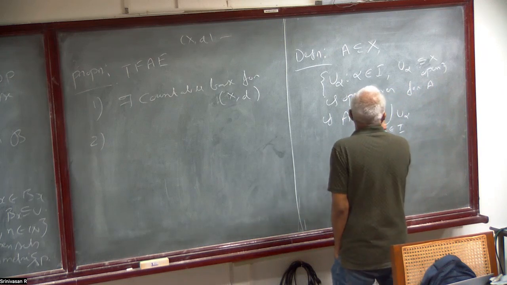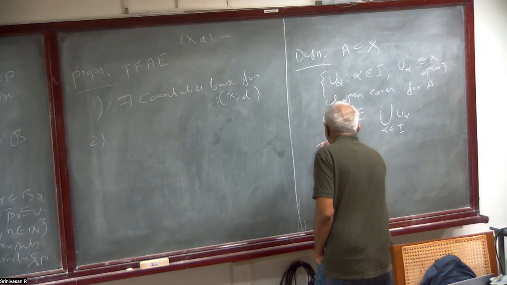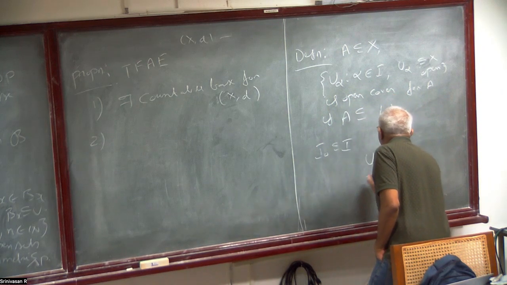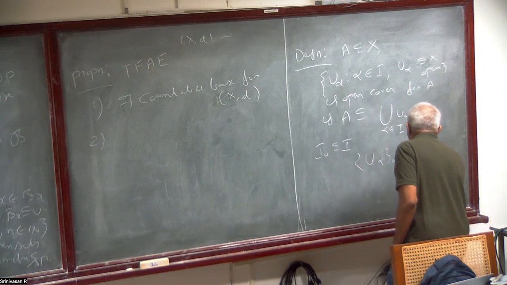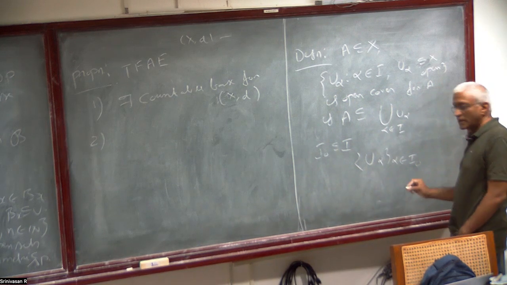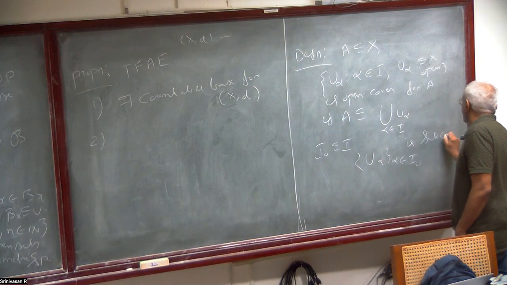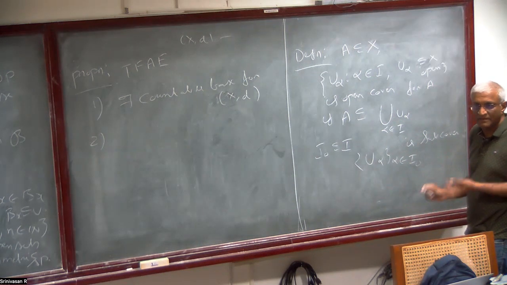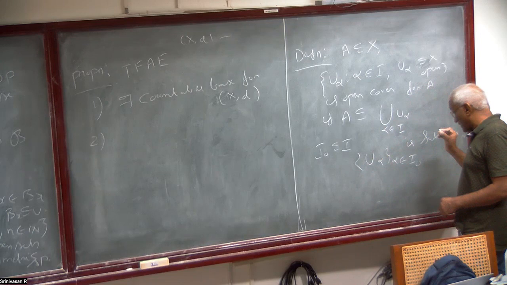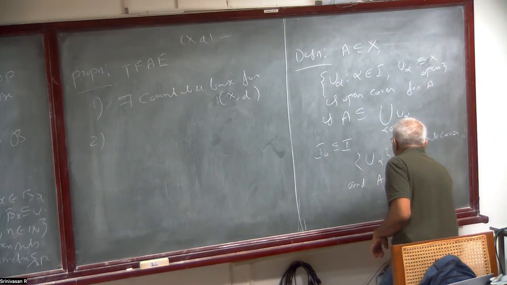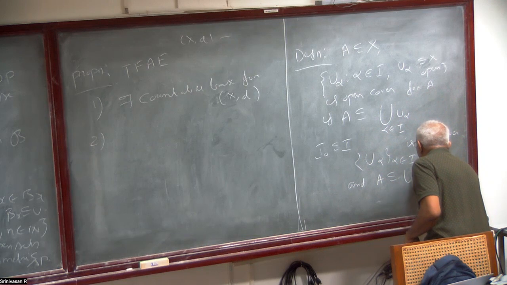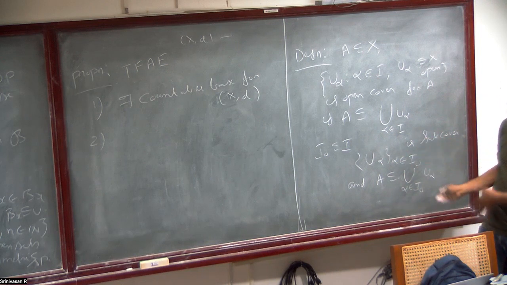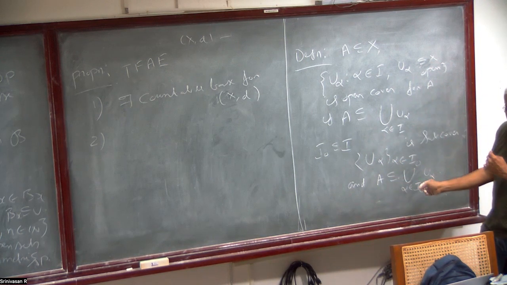If you take I_0 contained in I, then the collection {U_alpha}, alpha in I_0, you just take a sub-collection. This is what is called a subcover, such that A is contained in the union of U_alpha over alpha in I_0 itself. The sub-collection itself covers A. You don't need the big cover; the sub-collection itself is enough.